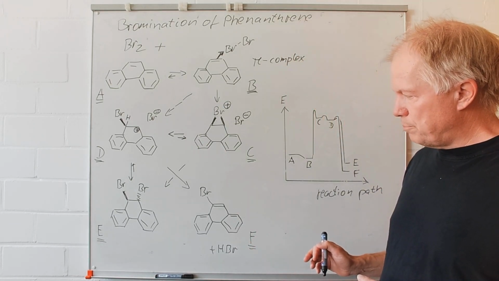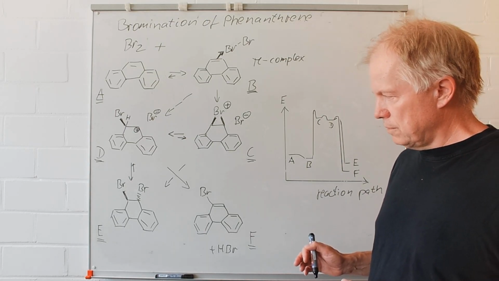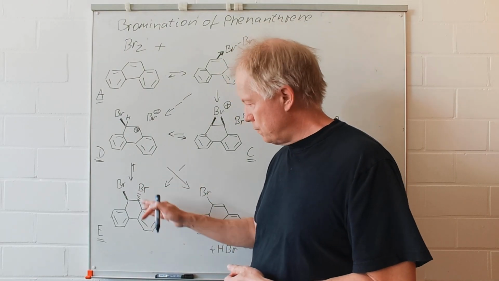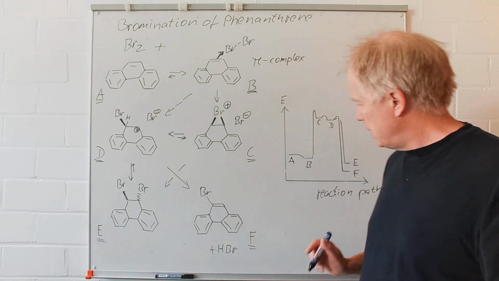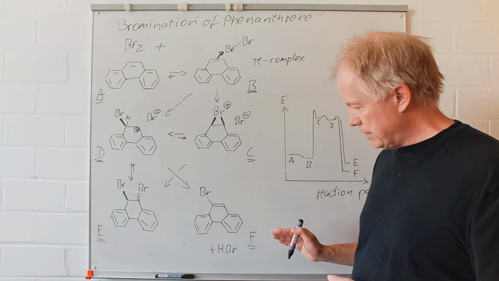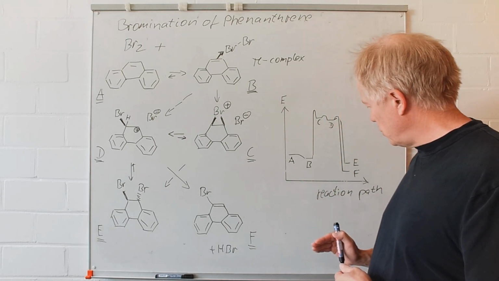So if we compare the energy level of the dibromo-dihydrophenanthrene and the 9-bromophenanthrene plus HBr, then this is certainly the thermodynamically favored product.